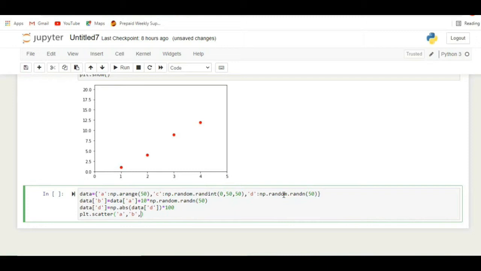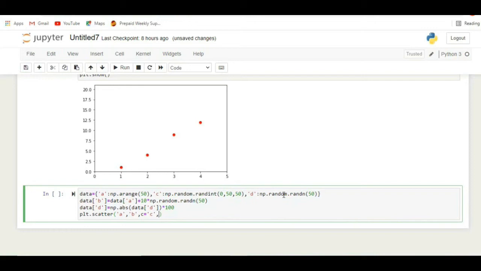So the points of A, B and C are all the points which will be scattered inside the graph.